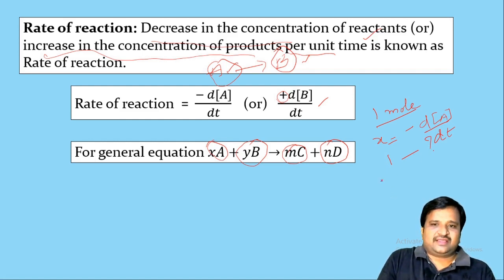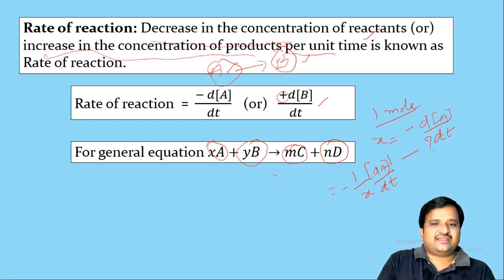the rate for 1 mole equals -1/x dA/dt. So we can write the rate of reaction for 1 mole from the x moles: -1/x dA/dt.